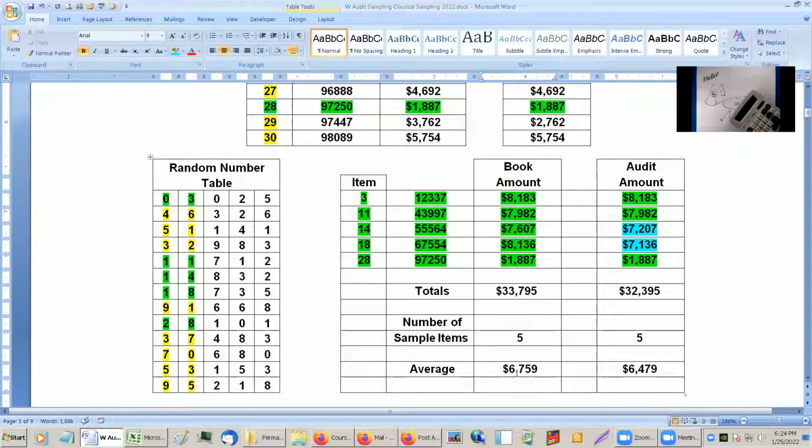Okay. So this would be our book average, and this will be our audit average.